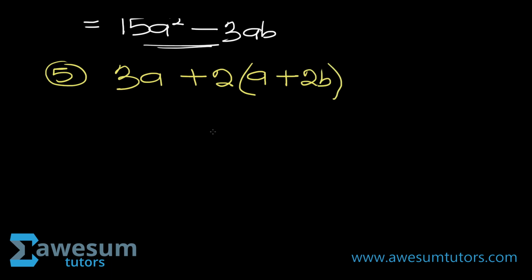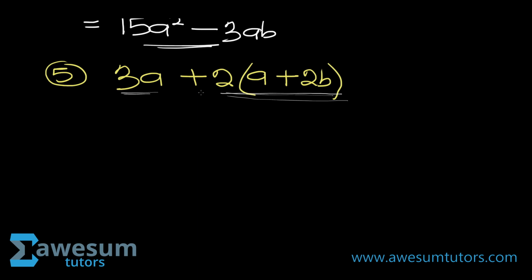In the case of this one, what you need to do right here is open up this bracket. You realize that this term right here, 3a, is not affected by this. So what you need to do first of all, before you simplify this expression, is open up this bracket.